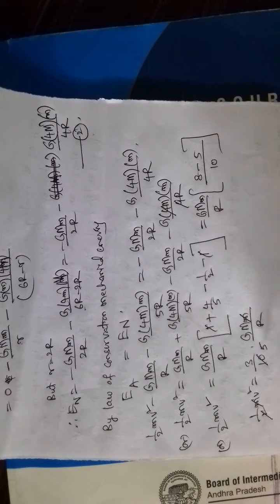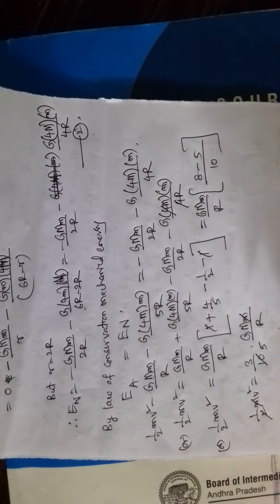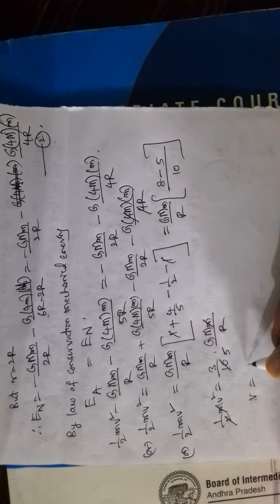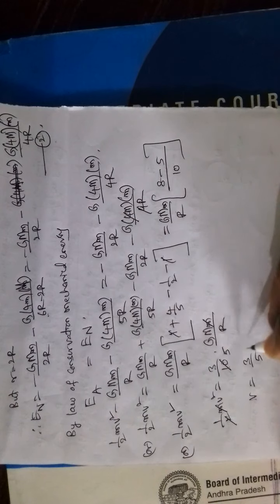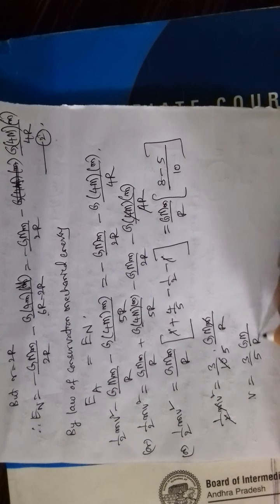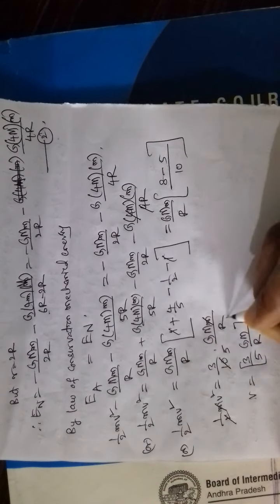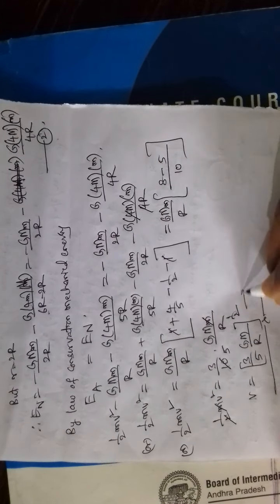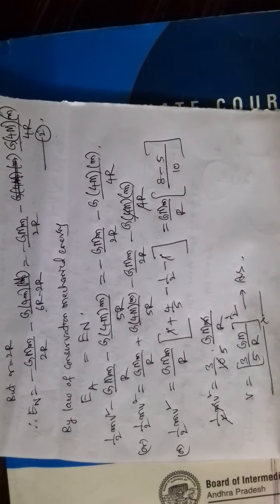So V is equal to 3 by 5 GM by R to the power 1 by 2. This is the answer.